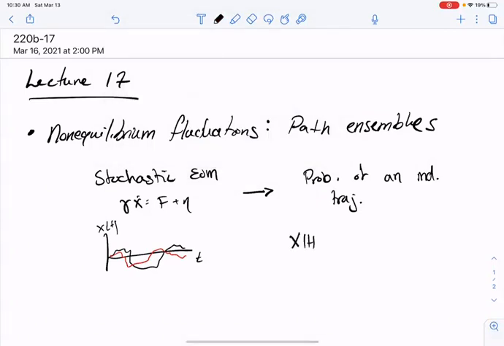So the object that we will concern ourselves with, call it capital X of T obs.